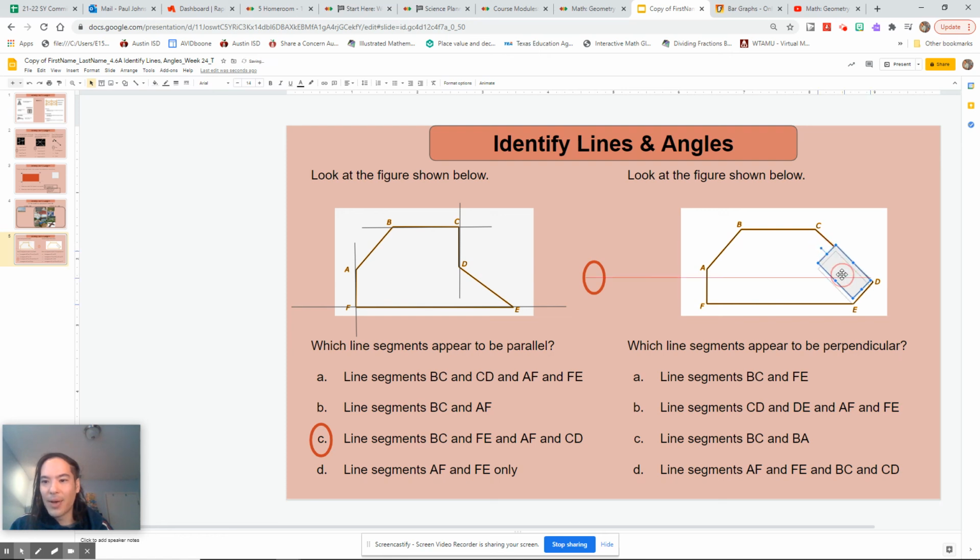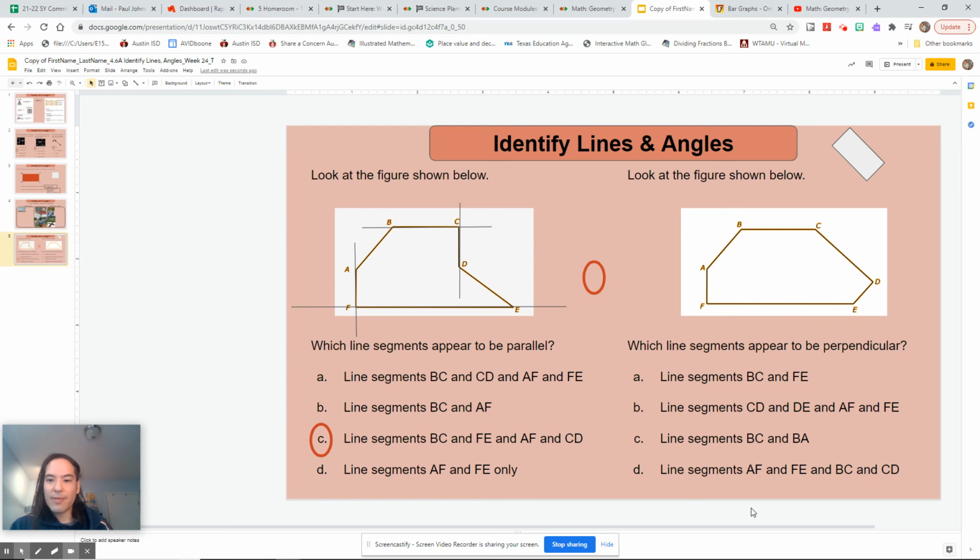But that would mean that CD and DE is also going to be a 90-degree intersection. So AF, FE right here is a 90-degree intersection. CD, DE right here in that corner is your other 90-degree intersection. So those are both perpendicular because they're at 90 degrees.